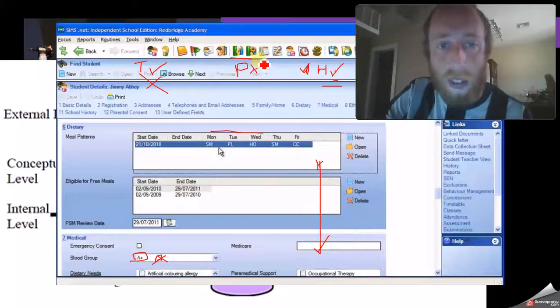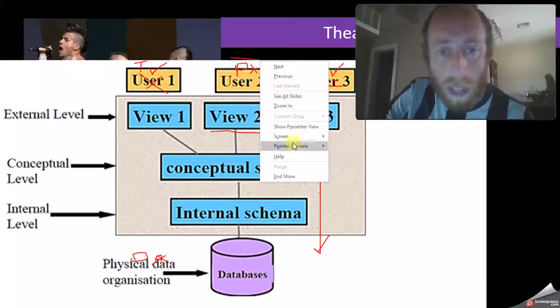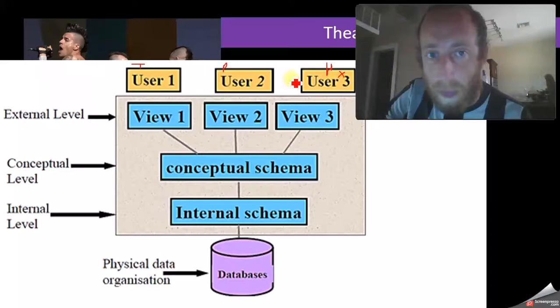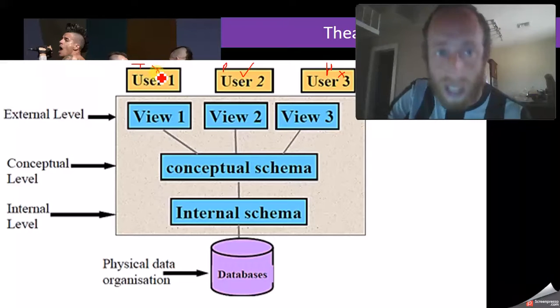If we go back to, let's just clear the screen. So we've got teacher, parent, head teacher. Head teacher will not need access to this. They won't see it. The parent will definitely, the teacher will not see that exact screen.